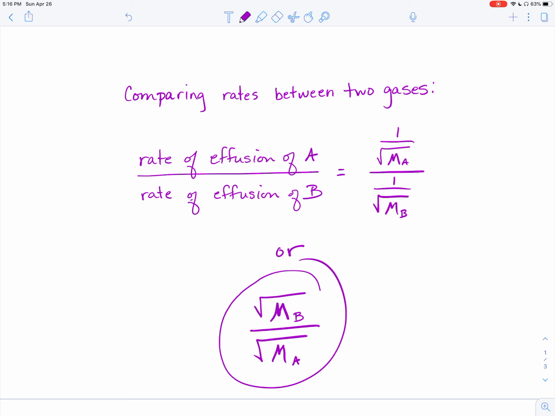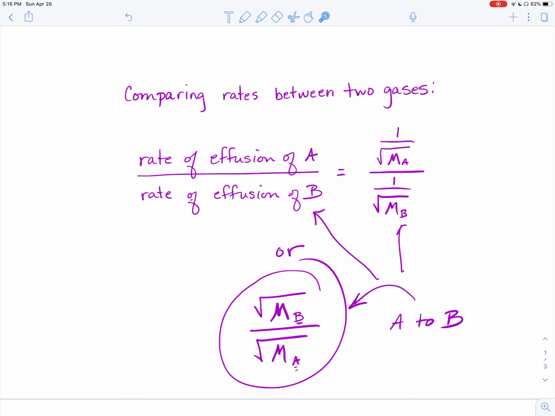Notice that now the molar mass of B is on top and the molar mass of A is on the bottom, but you no longer have fractions within a fraction. It is a way to compare the effusion rates of A to B using this equation. If you don't mind having fractions in a fraction, you can use that as well. This is just the simplified version of the equation up here.